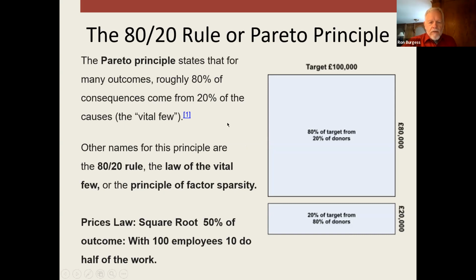So for instance, if you had 100 employees, 10% or 10 employees will do half the work. And so that's the square root of 100.